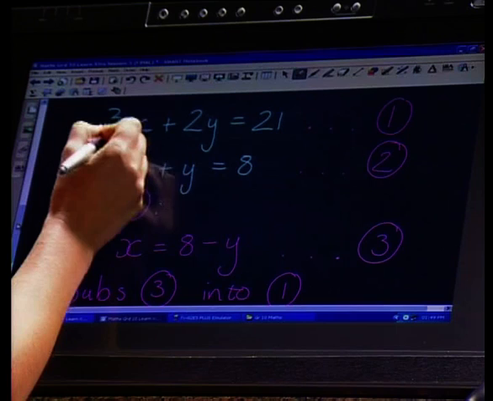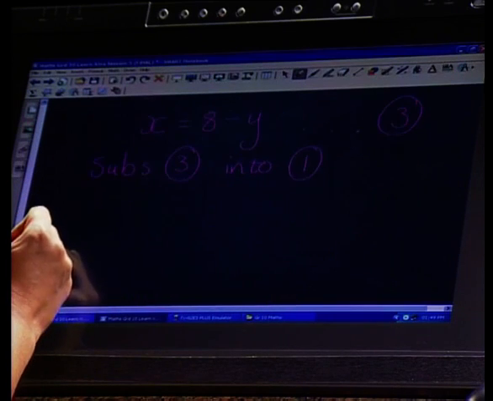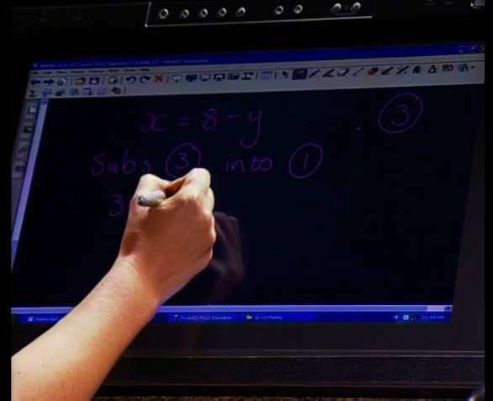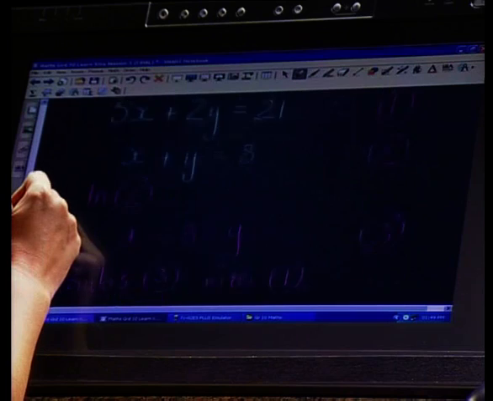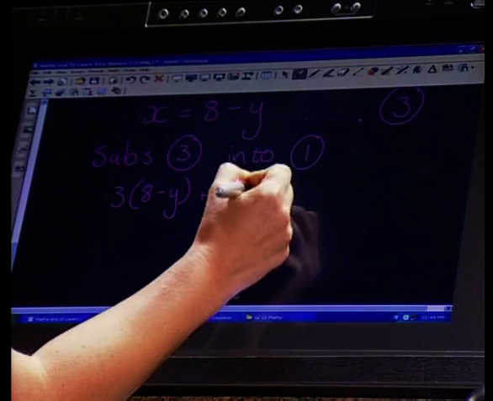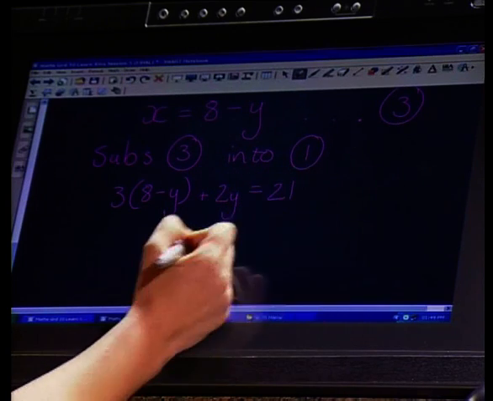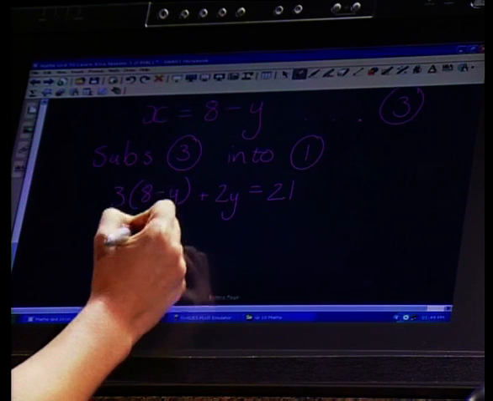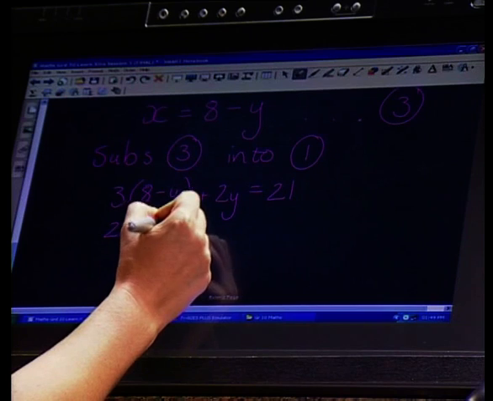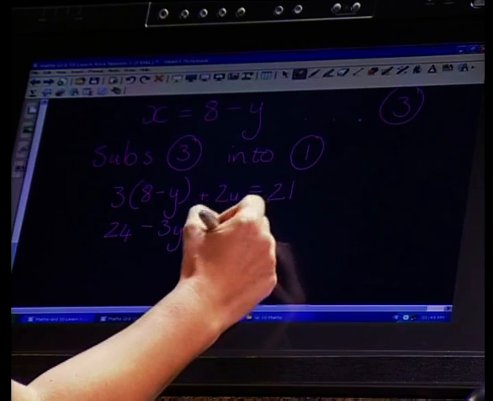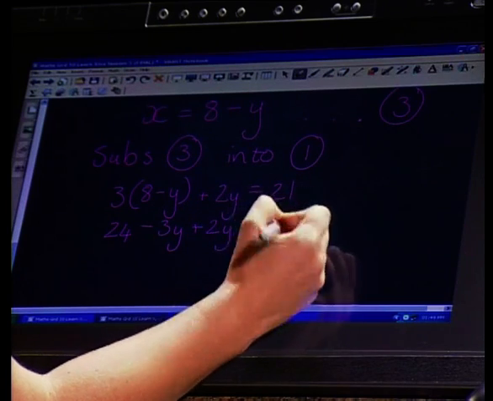It means wherever there's an x, we now replace it with 8 minus y. The rest of the equation plus 2y is equal to 21. And let's solve it. Distributive law means that that is 24 minus 3y plus 2y is equal to 21.